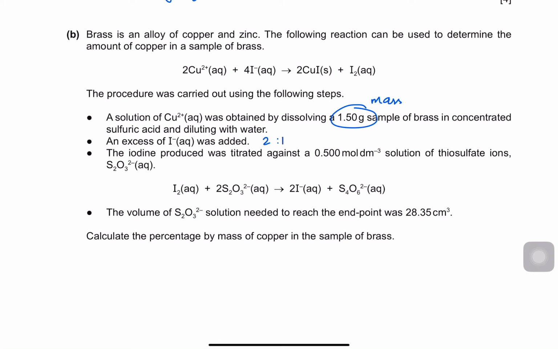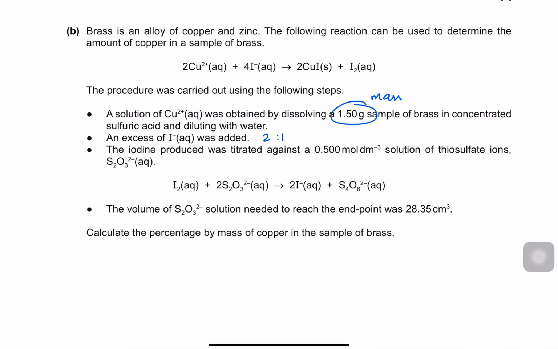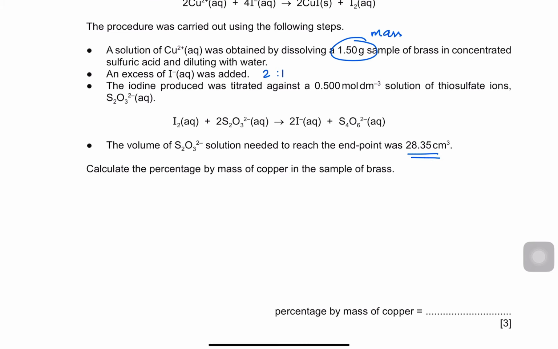The iodine produced was titrated against 0.500 mole solution of thiosulfate ions. The volume of thiosulfate is given. So first I'll find the moles of thiosulfate ions. That is going to be equal to 28.35 × 10^-3 times the concentration, which is 0.500.